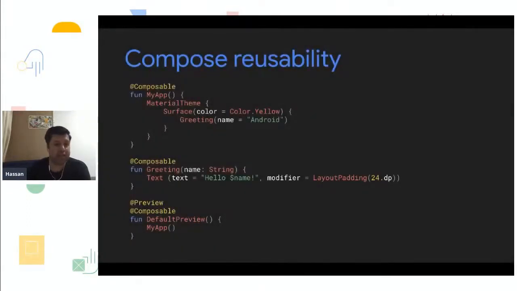Let's look at this example. Here you see I have MyApp. MyApp has this MaterialTheme. MaterialTheme is also a composable function. Inside there's Surface. Then there's Greeting. And Greeting is also a composable function. So this is how I can reuse composable functions. Once I create this, it's outside my activity context, so I can use it anywhere in my app.